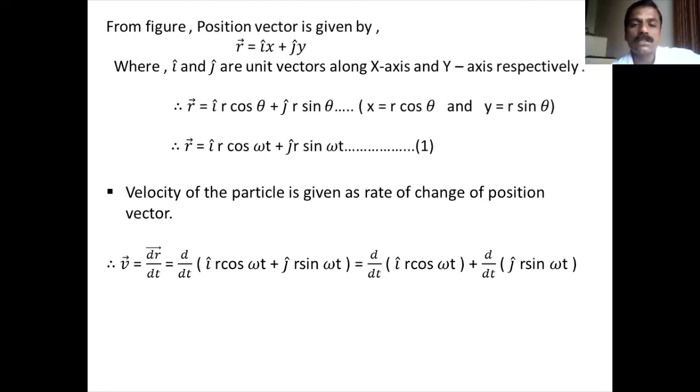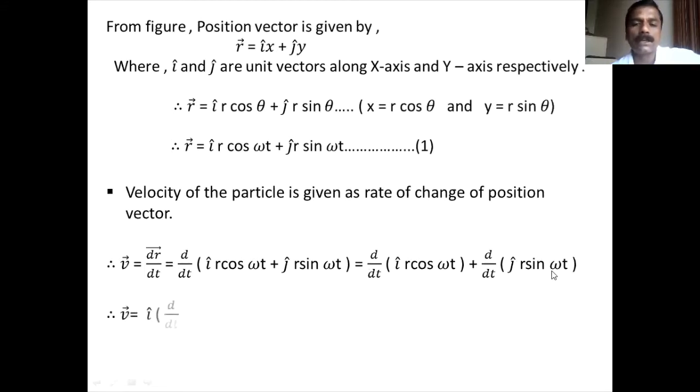Now how can we solve this derivative? There are two terms. First we write these two terms separately: the derivative of the first term, i cap r cos omega t, and the separate derivative of the second term, j cap r sin omega t.